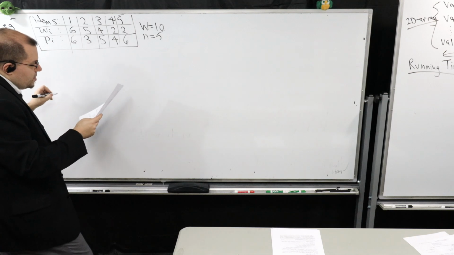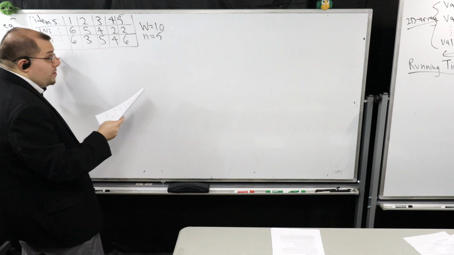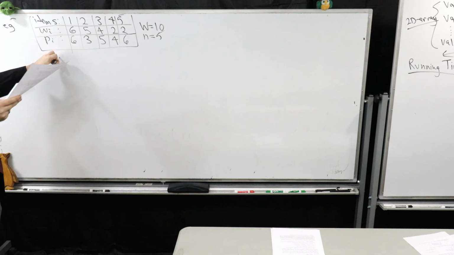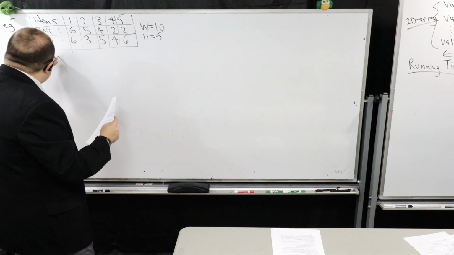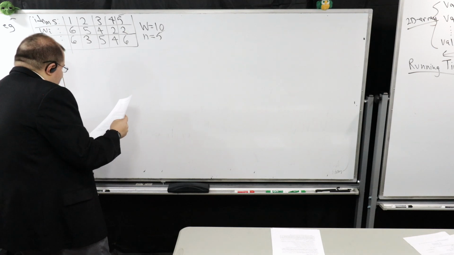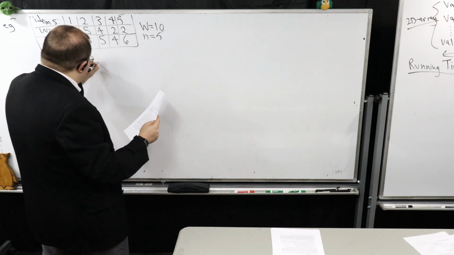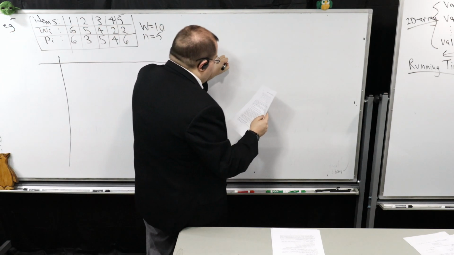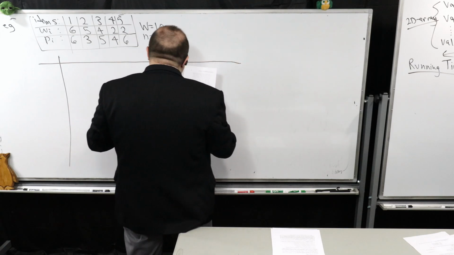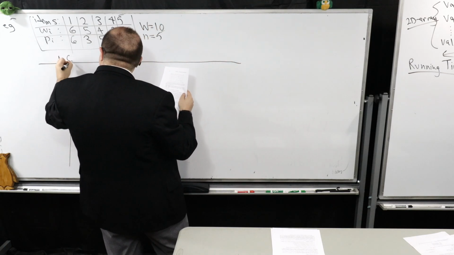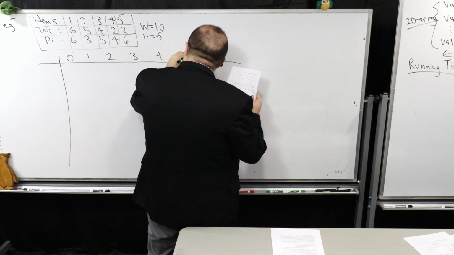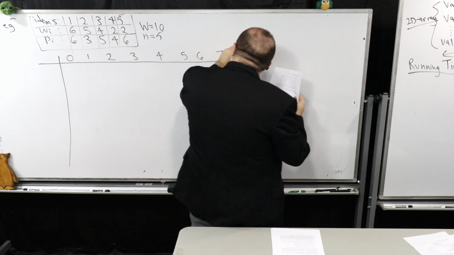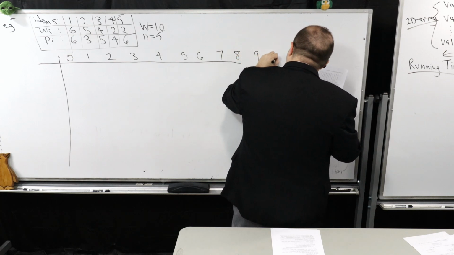So what I'm going to do in the algorithm is build this table, the one I just described over there. Because the knapsack capacity is 10, I'm going to have 11 columns: 0, 1, 2, 3, 4, 5, 6, 7, 8, 9, 10.